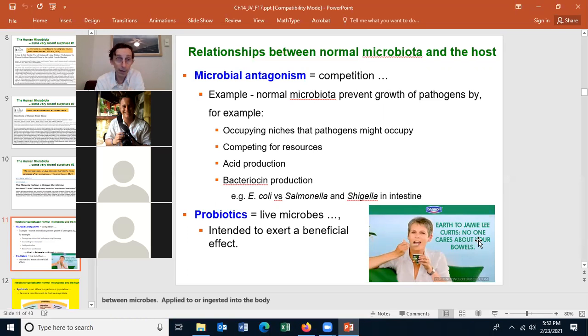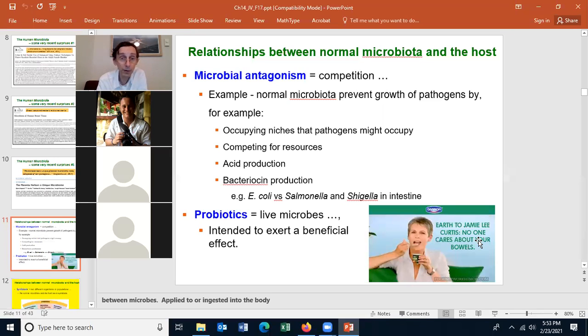The normal microbiota make that environment more acidic, and that keeps many human pathogens from getting established because they don't like the lower pH. Does anyone remember what the pH of the skin is? It's not pH 2, that's your stomach. It's around pH 4, maybe 4 to 5, and it's your normal microbiota that makes it that acidic.